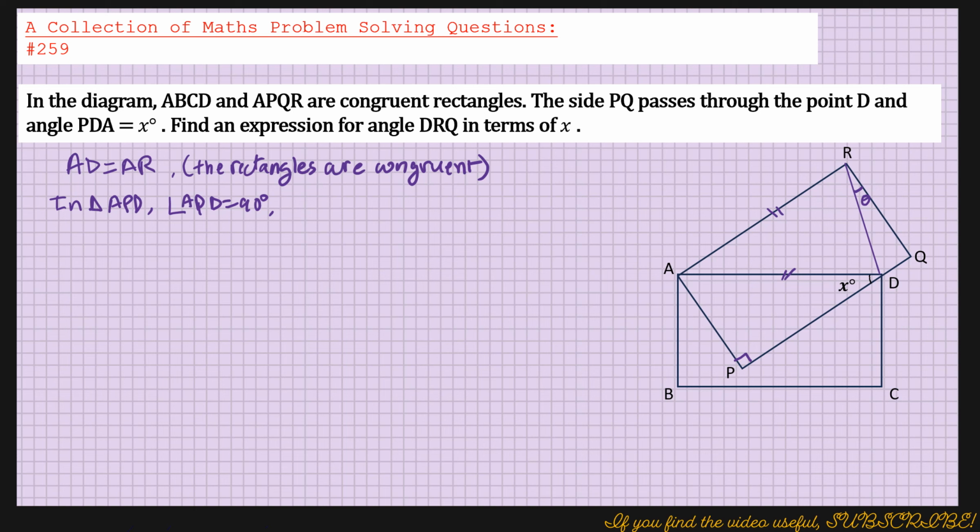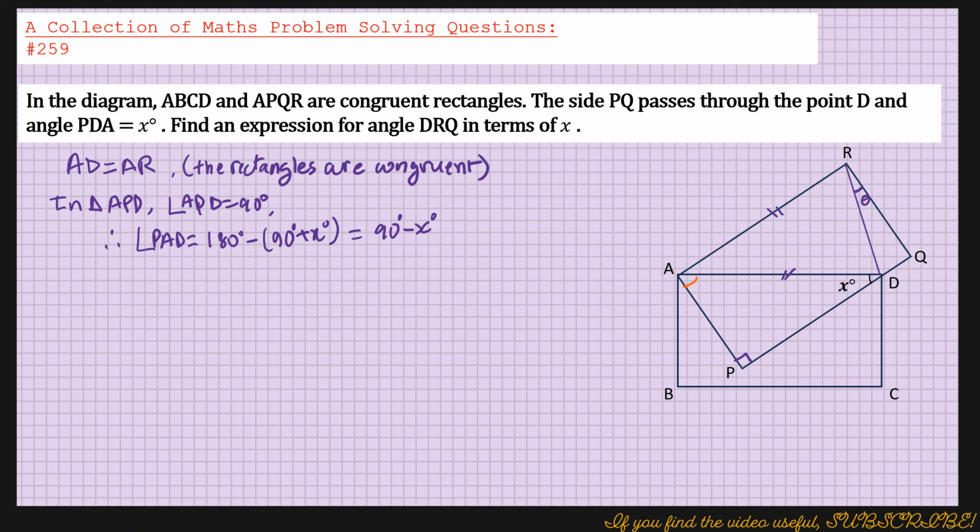Then in triangle PAD, angle PAD would be this angle, and that is 180 minus (90 plus x), and that equals 90 minus x. So angle PAD we got, this angle, would be 90 minus x.